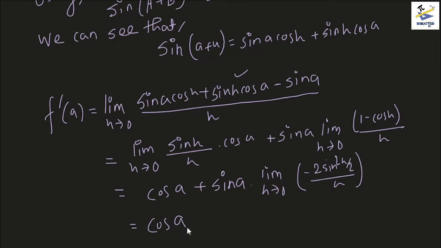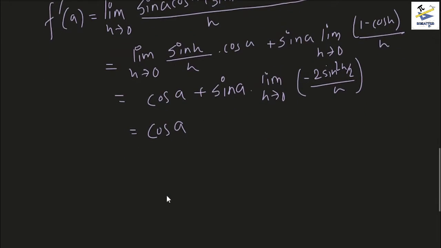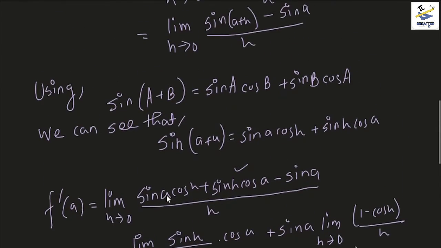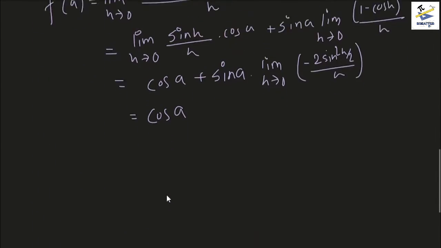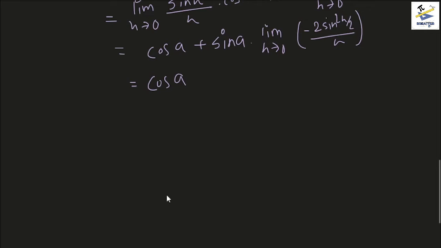So the answer is cos of a. So the derivative of sin of x at the point a is cos of a, right? Okay, we can do a similar calculation for cos of x as follows.